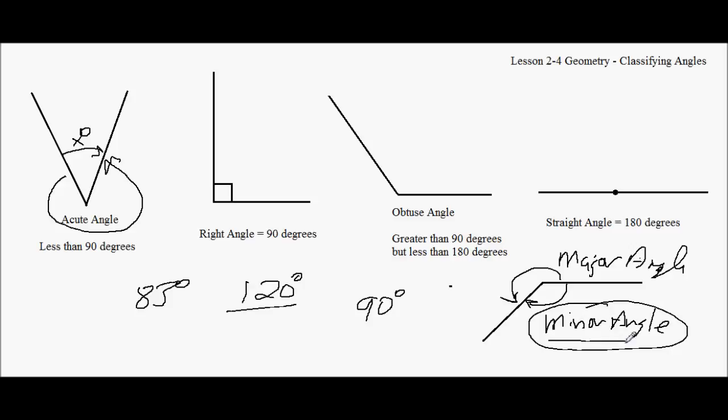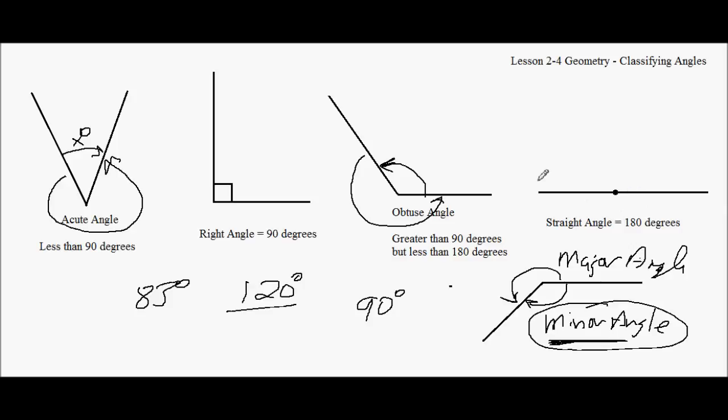That's what we assume. And we have to specify if we want the major angle's measurement. So you'd have to actually tell somebody, I want the big one. I'm going to assume you're measuring this, I'm not going to assume you're measuring this angle. Now, for a straight angle, either way, you're okay.